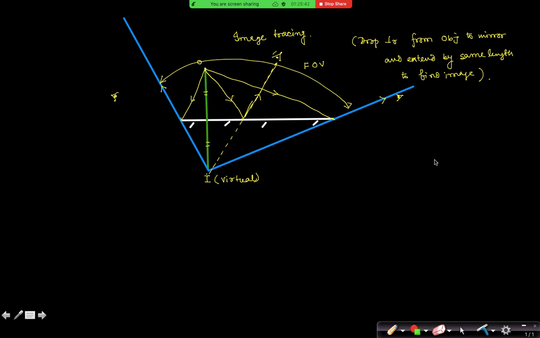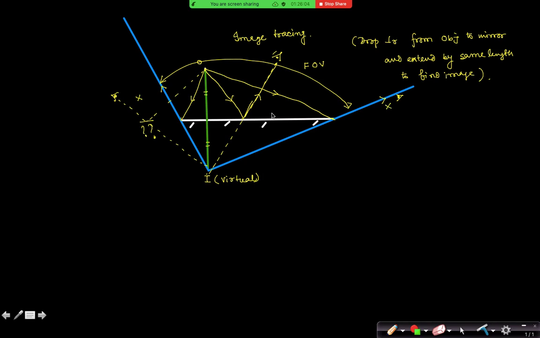But here or here, can you find any ray? Image cannot send a direct ray to the eye, and the object is also unable to send a ray because there is no mirror. So can you see the image from here? No. We cannot see the image from here.